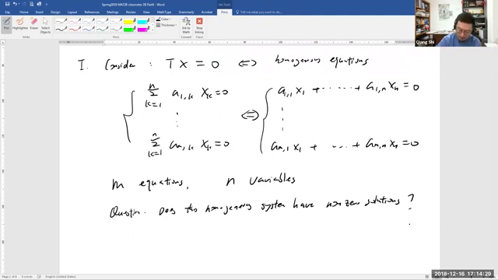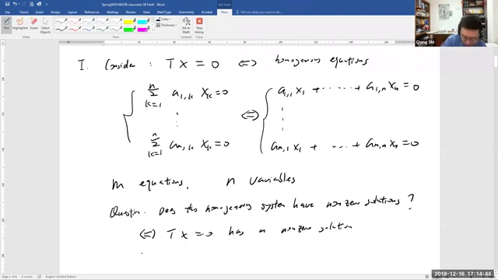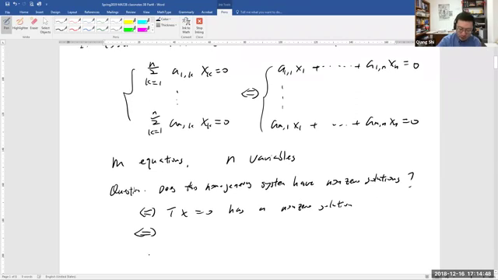Well, if you look at the abstract form, Tx equal to 0 has a non-zero solution. That means the null space of T is not just equal to 0.